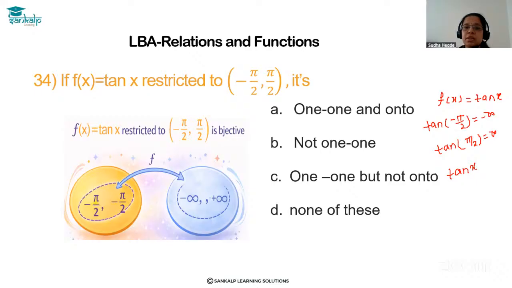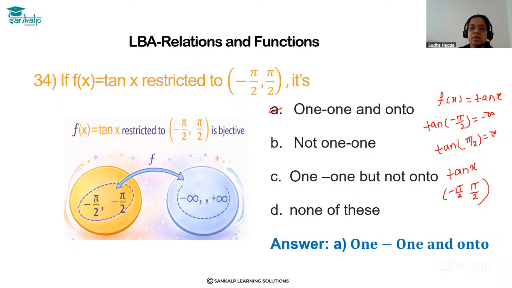If you extend it to real value, it is not 1, 1 and onto. But tan x in minus pi by 2 to pi by 2, it is 1, 1 and onto, it is bijective. Okay. So option A is the correct answer. Thank you.